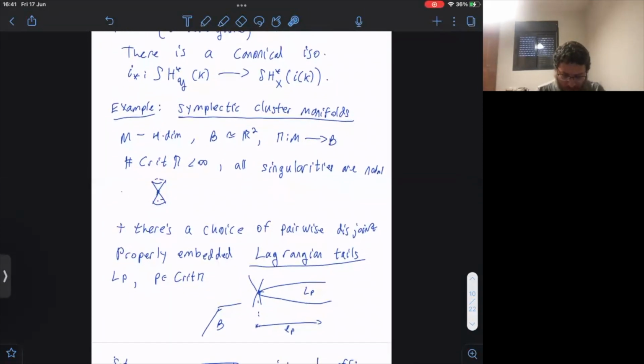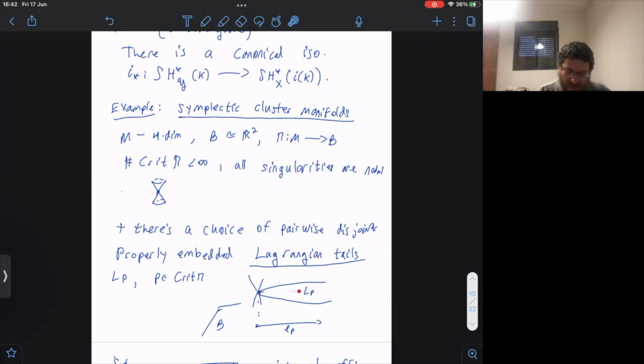It's a little more complicated to state this assumption. So the assumption is as follows. For each critical point P, we can find a Lagrangian tail, LP. A Lagrangian tail just means a Lagrangian disk, as in this picture, which emanates from the critical point.